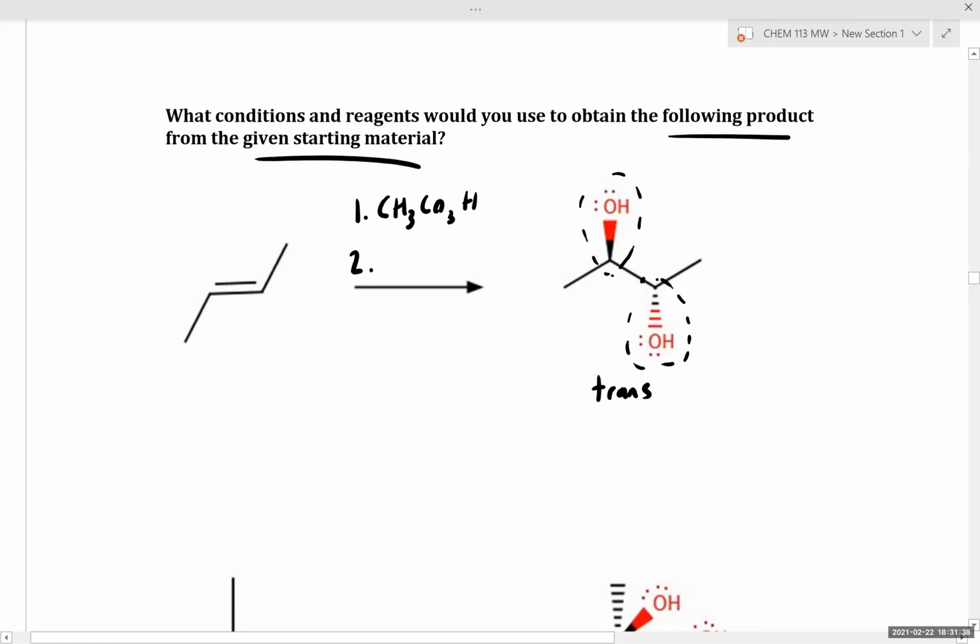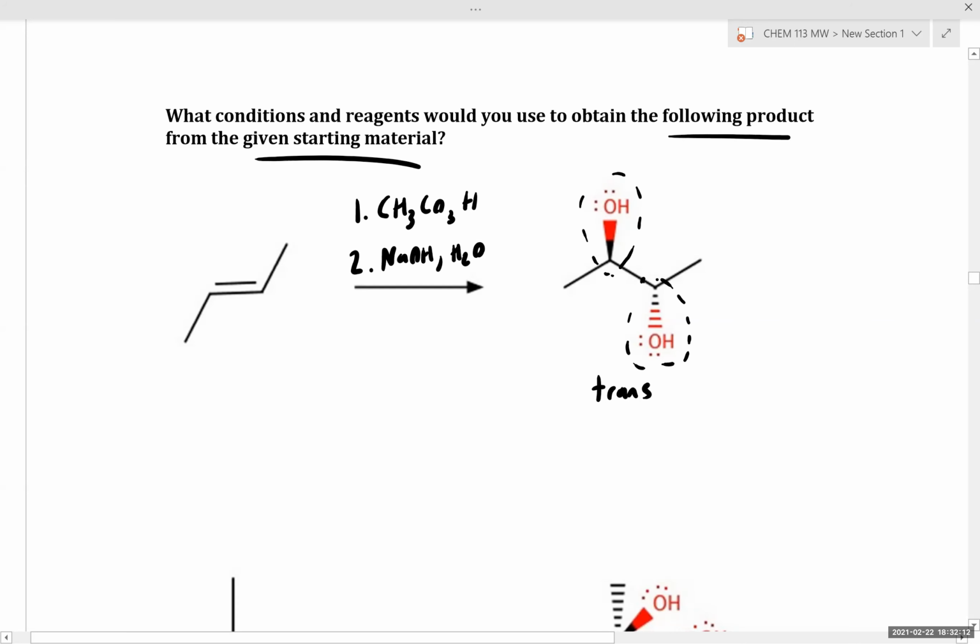And what conditions would we use for the second step, the epoxide opening? You can choose either acid or base catalyzed. We don't have to worry about regio control in this case. What would you use for the second step? H3O plus or NaOH. Let's use base catalyzed conditions. So we have NaOH, and we can have water as a co-solvent in this case.